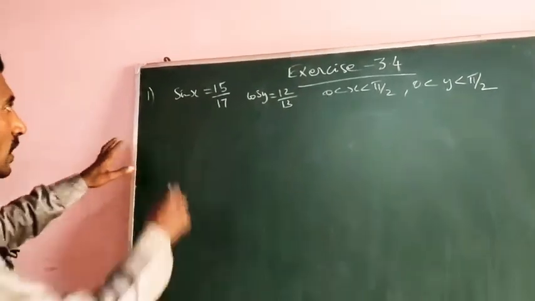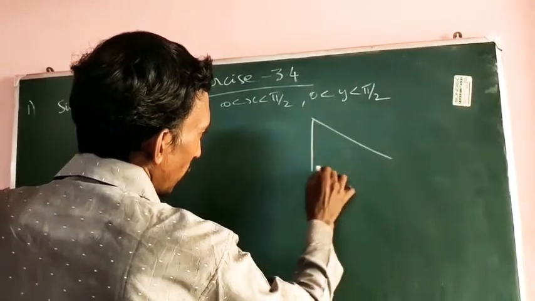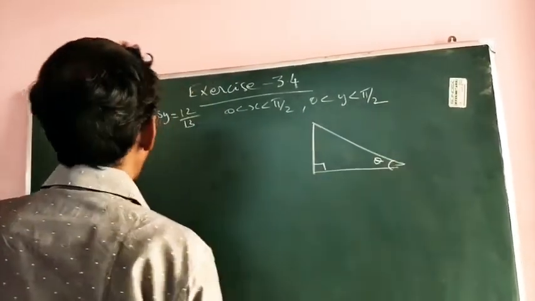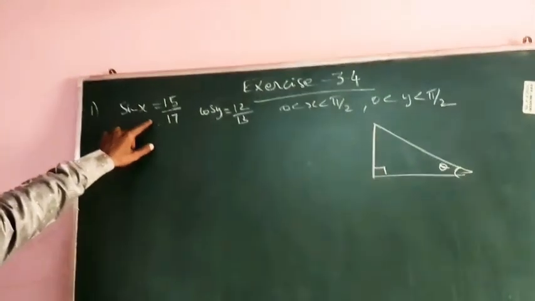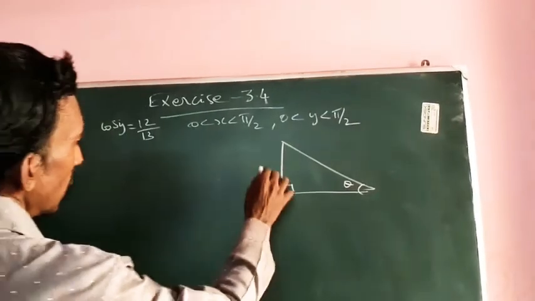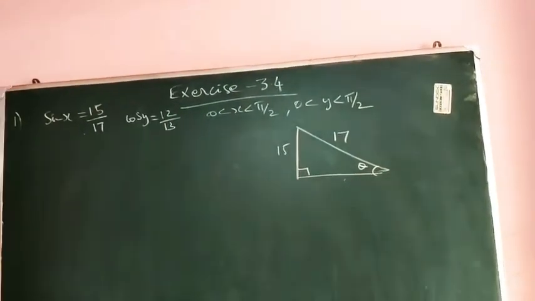So first take the first ratio. I am going to represent it in a right angle triangle, with angle theta. So sin x means opposite side by hypotenuse, so 15 by 17. We need to find out the adjacent side.